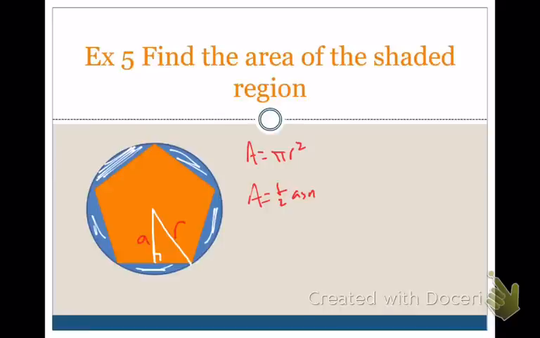But anyway, the numbers that you're looking at in your example, you're going to have to do Pythagorean theorem to find one of the missing sides. The shaded region is just going to be the area of the circle minus the area of this regular polygon. So using what we've talked about before, you should be able to take care of that.